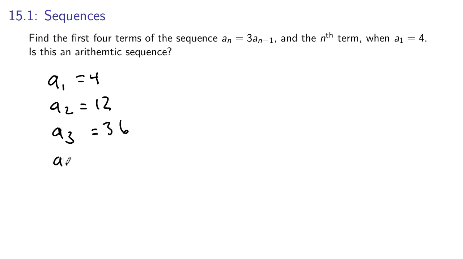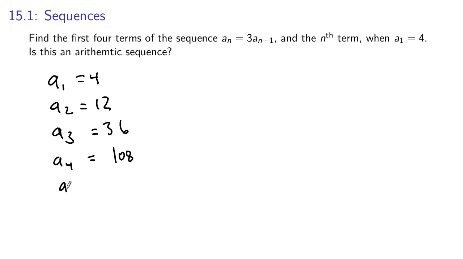A sub 4 is 36 times 3, which is going to be a bigger number. We might need a calculator to find that. 108. Okay. So we see each time we're multiplying by 3.